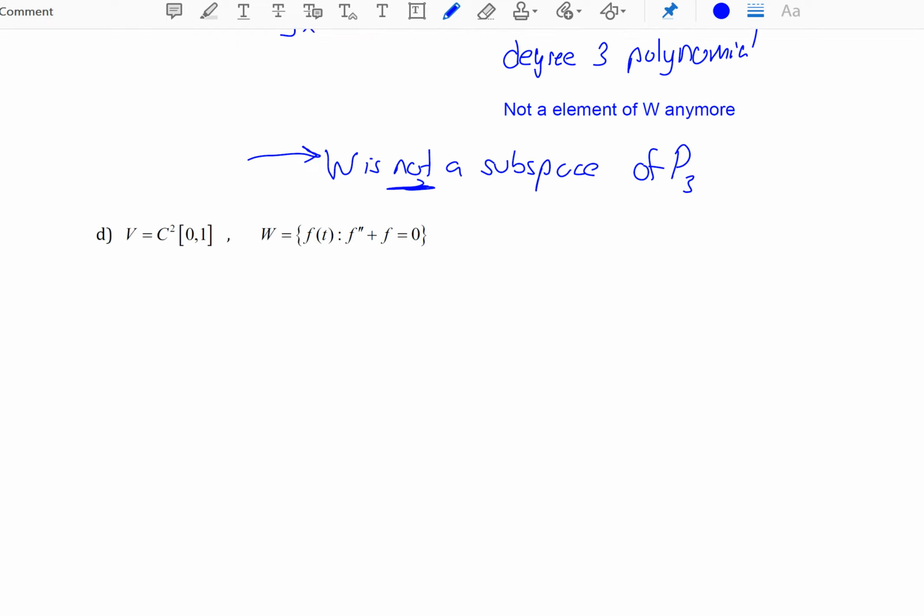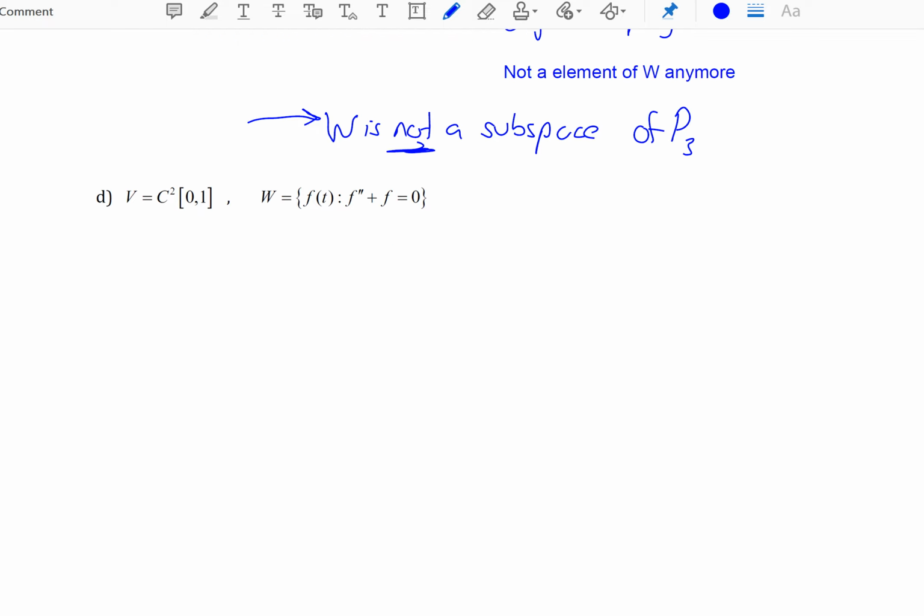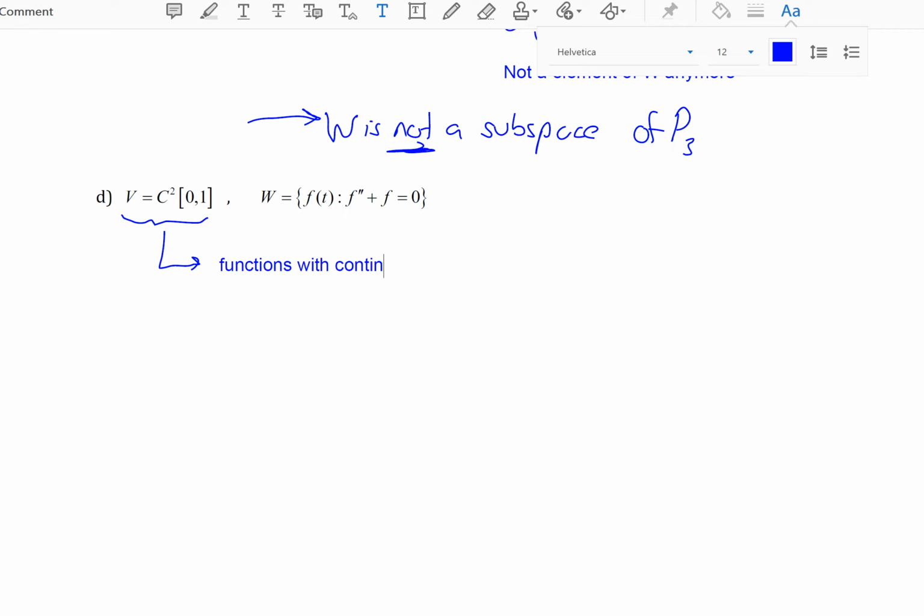Okay, let's try one last one. Consider the vector space C2 0, 1. And you may have to look back in our notes to recall what this vector space was. What you want to remember is C201 is functions with continuous second derivatives on the interval 0 to 1.